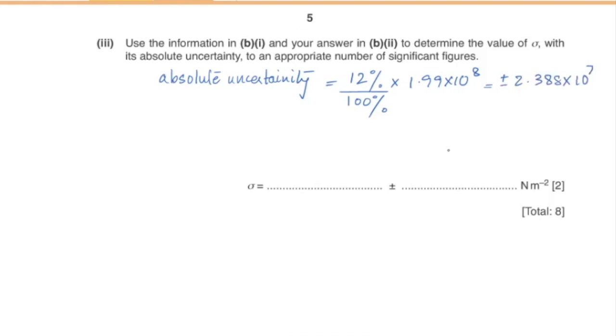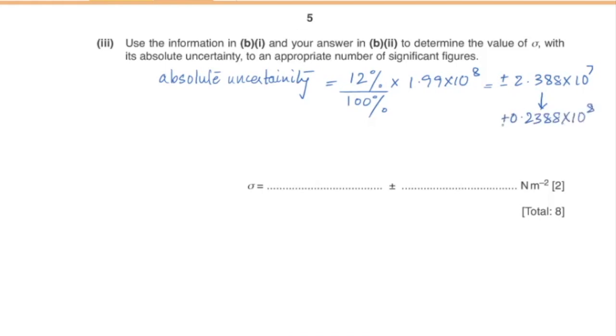So stress is 1.99 into 10 to the power of 8, and the uncertainty is in terms of 10 to the power of 7. We must have the same powers of 10. So we will convert 10 to the power 7 of this absolute uncertainty to 10 to the power 8, so that this becomes 0.2388 into 10 to the power of 8.